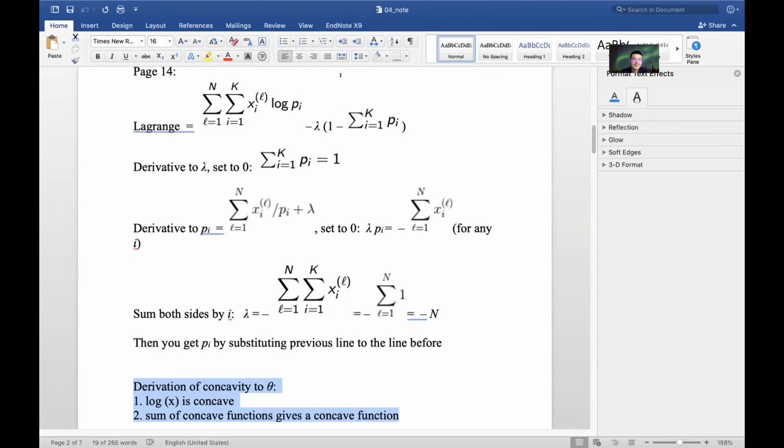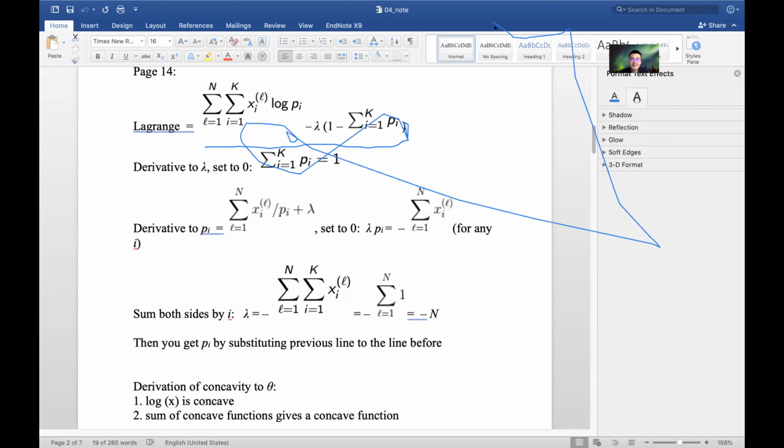I hope this is fixed. Yeah, basically we want to show this is really concave. Now it's kind of addressed.